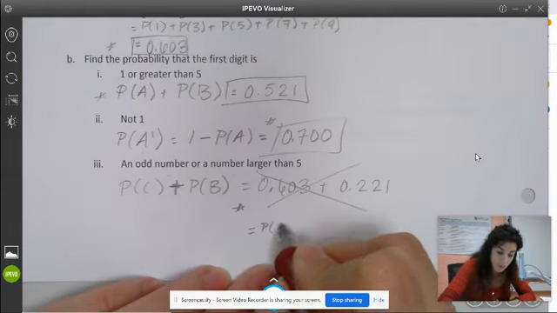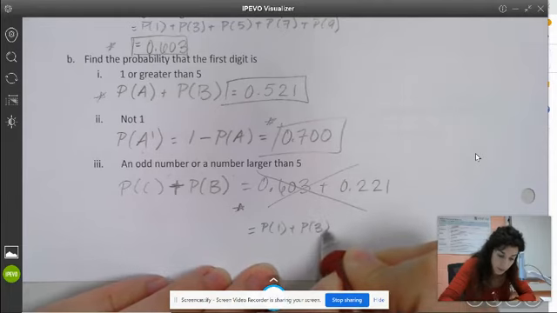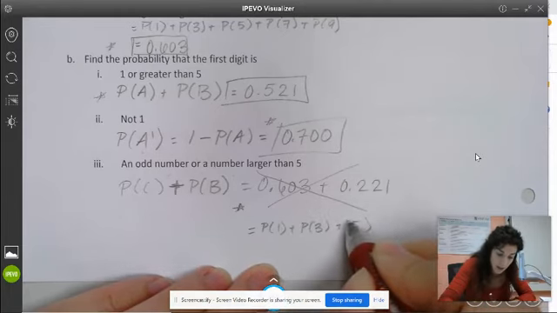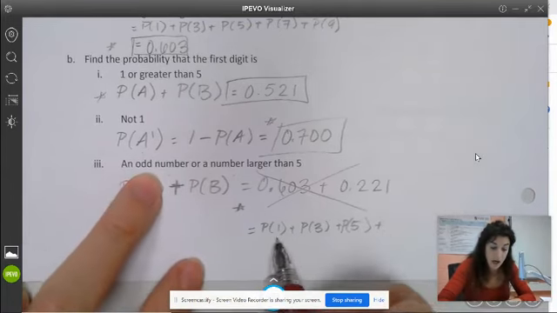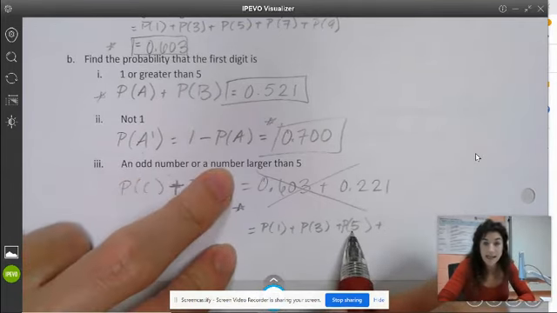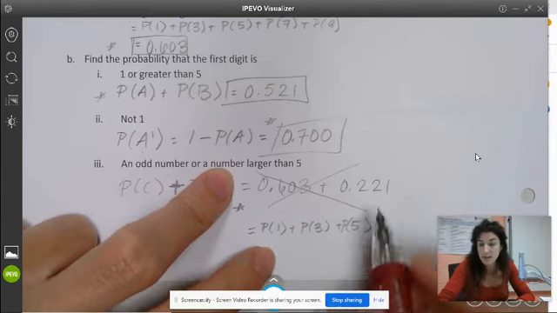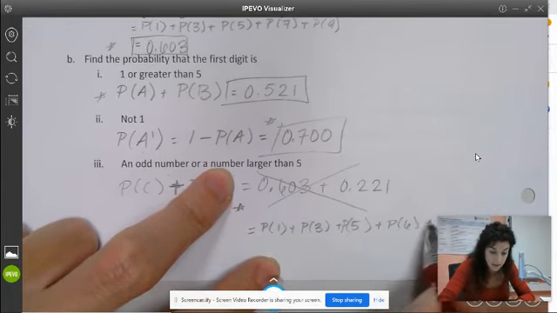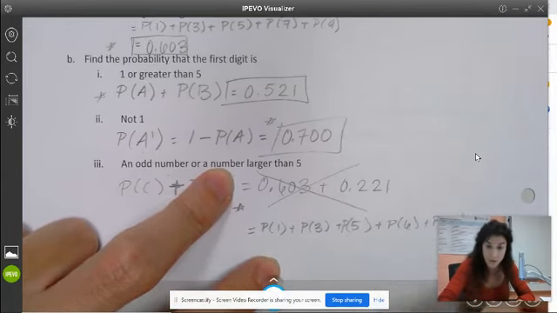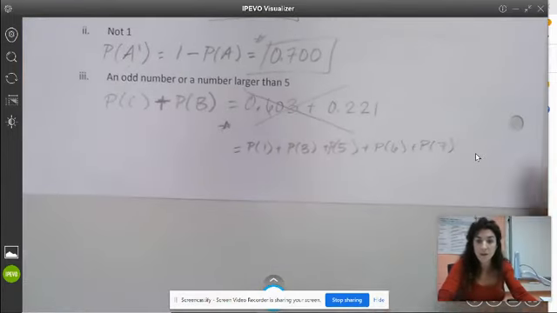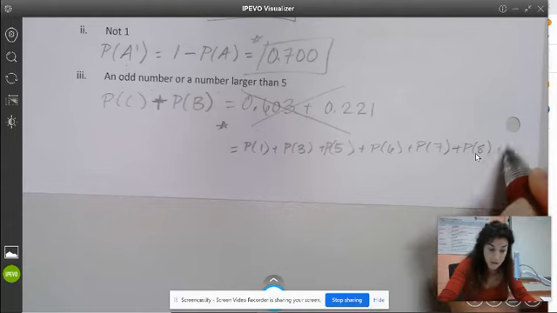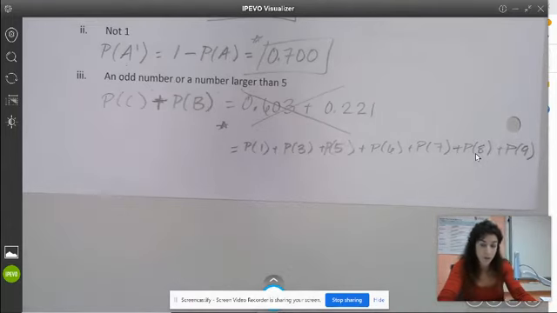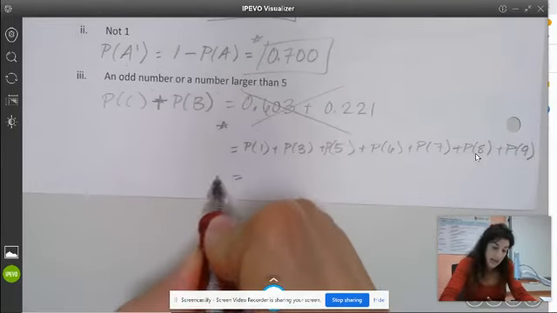Well, that's the probability of 1 plus the probability of 3 plus the probability of 5 plus, that's accounting for the odd number piece. And then now a number larger than 5 could be 6, 7, which accounts for both of them, 8 because it's larger than 5, and then 9, which works with both of them.